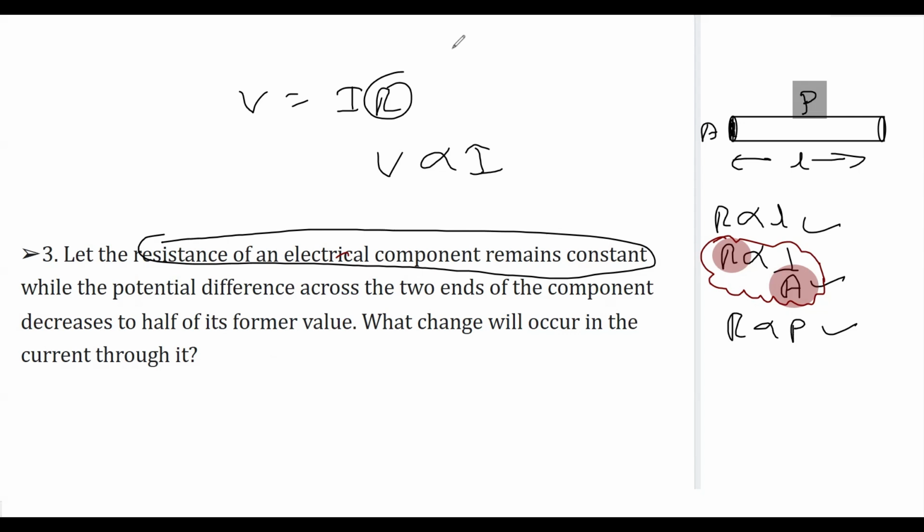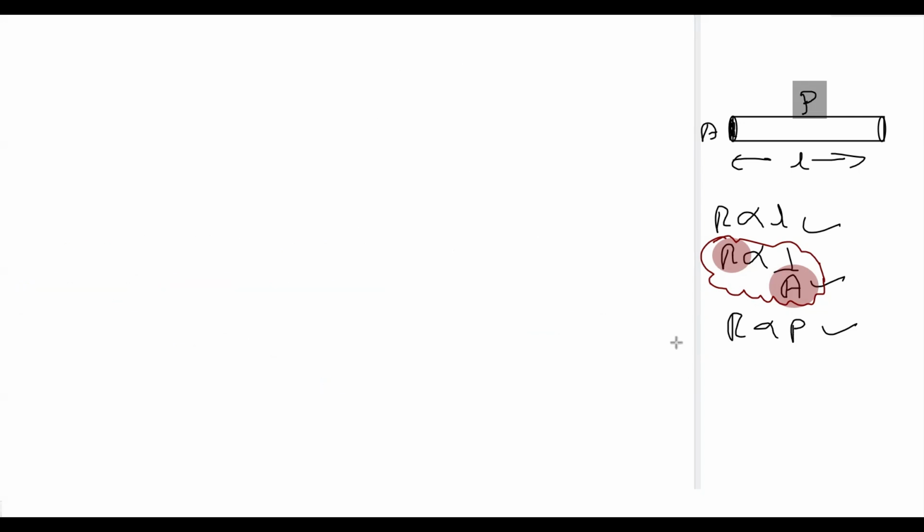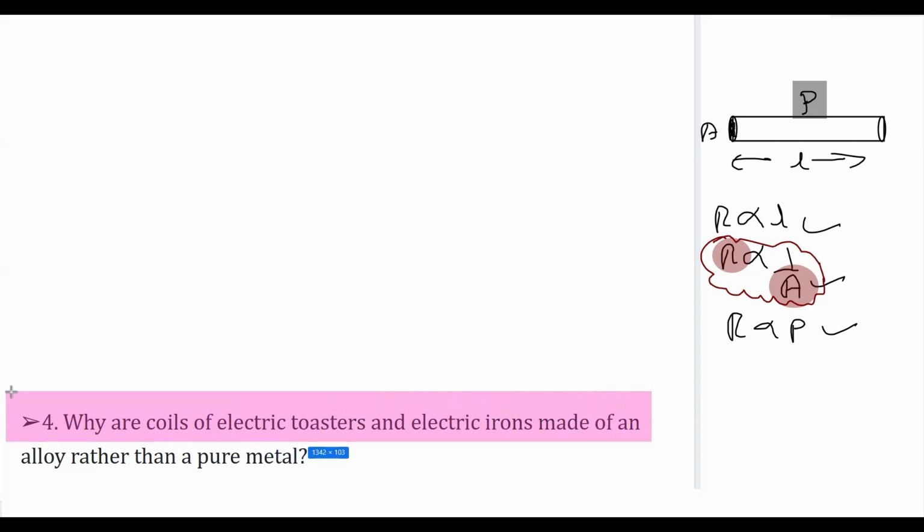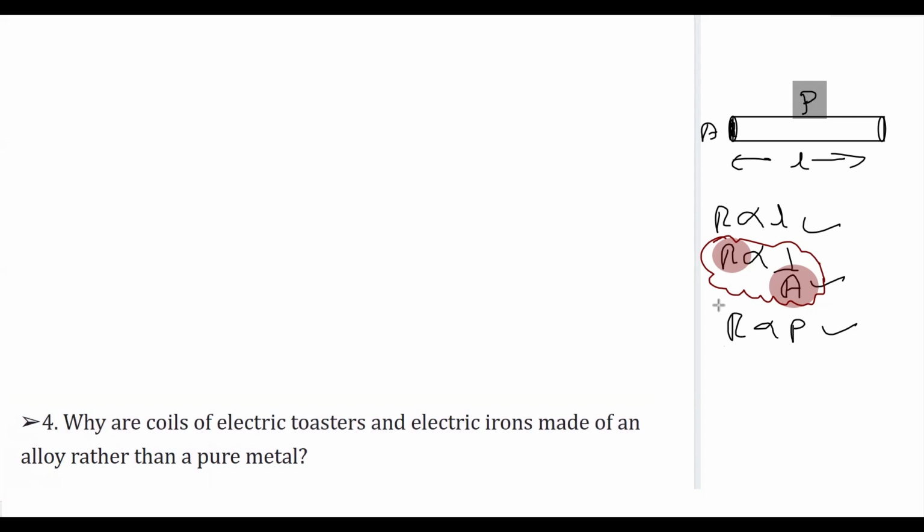One more question. The question here is why are coils of toasters and electric irons made up of alloy rather than pure metal? For that, look into this.